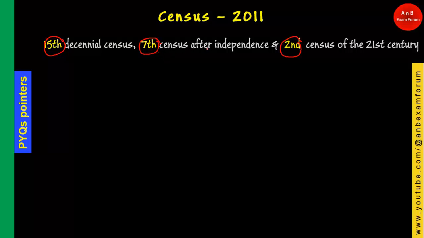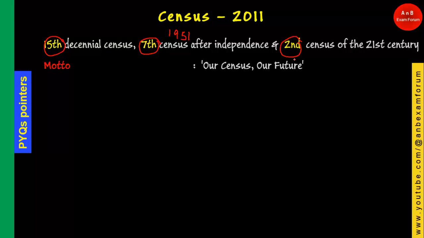And 7th after independence: the first census after independence was 1951, so afterwards it is the 7th. In the 21st century it is the second one, so 2001, then 2011.